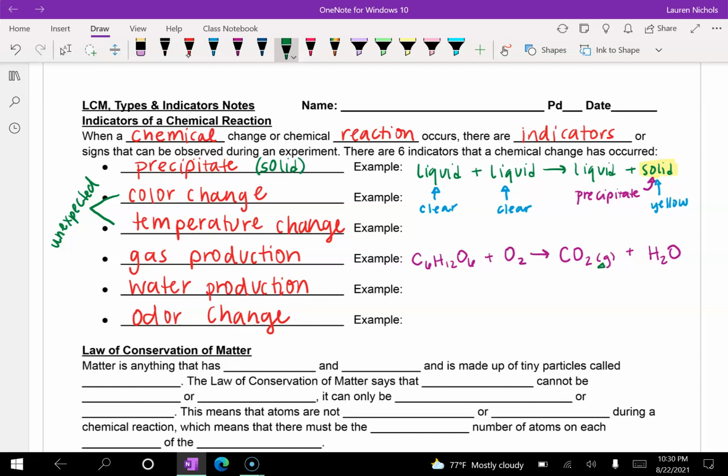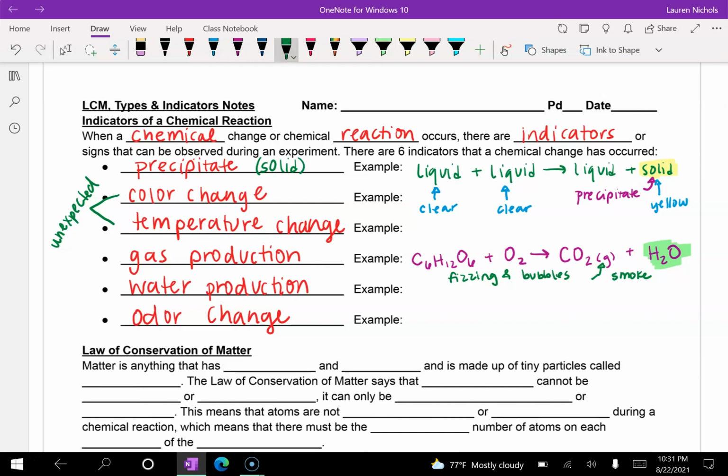The fact that you have a gas as a product means that you're going to see a couple different things. You might see bubbling, so bubbles. You might see fizzing, like when we add baking soda and vinegar. You might also see smoke. Those are all three things that are indicators that you made a gas. And we see that in this example, there's water, H2O, on the product side, and that's our fifth indicator.